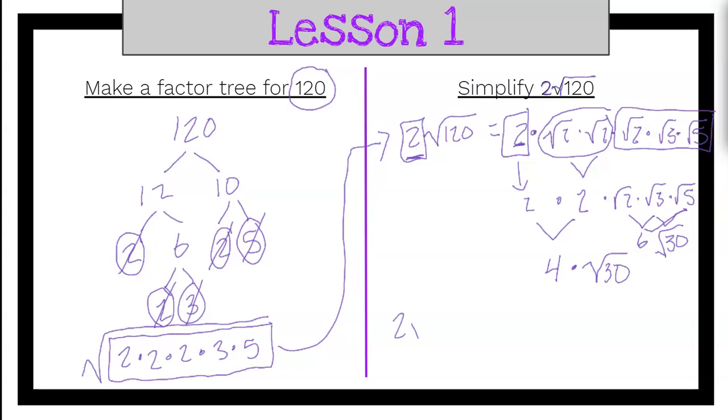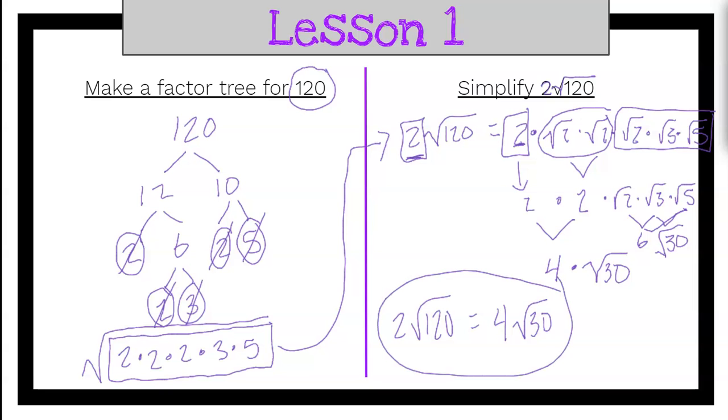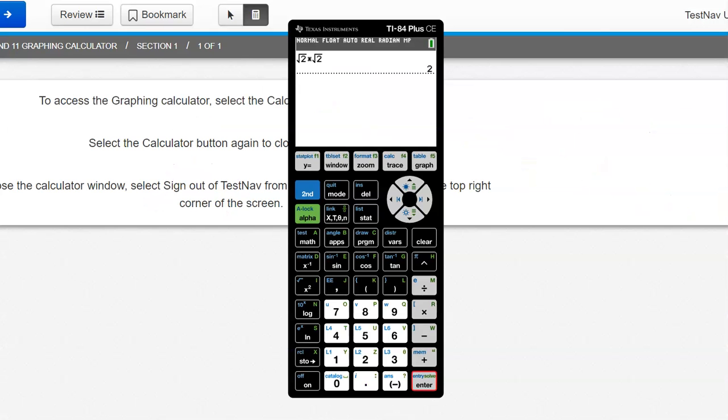So 2 square root 120 is equal to 4 square root 30. And again, if you want to make sure that you did this right, you can go back to your calculator, type in 2 square root 120, get that decimal approximation, and then type in 4 square root 30. And you should get the same decimal approximation. If you don't, then you did something wrong.